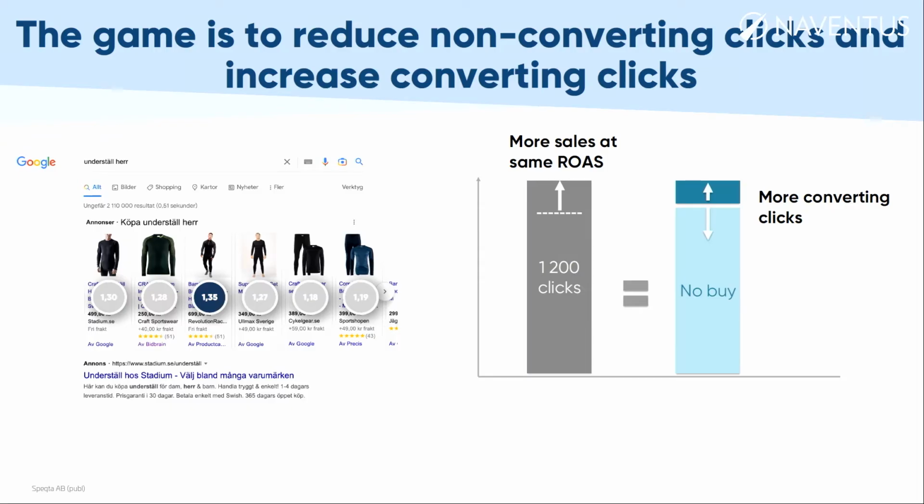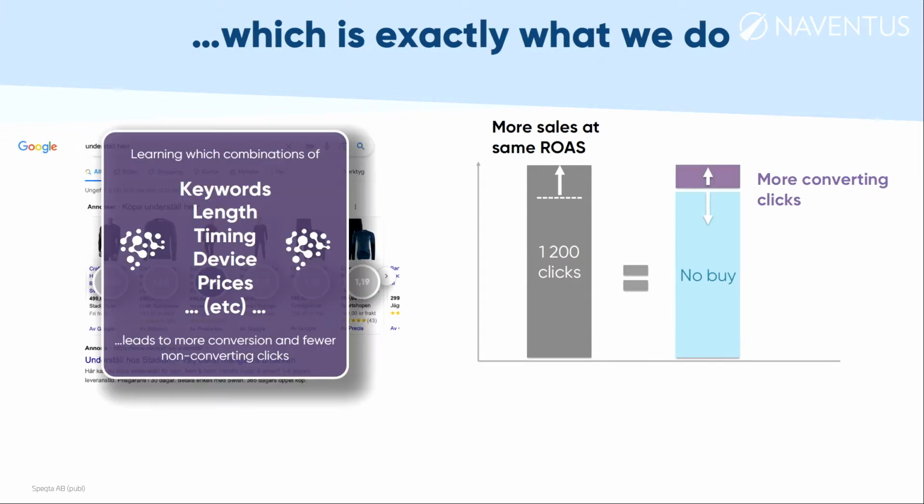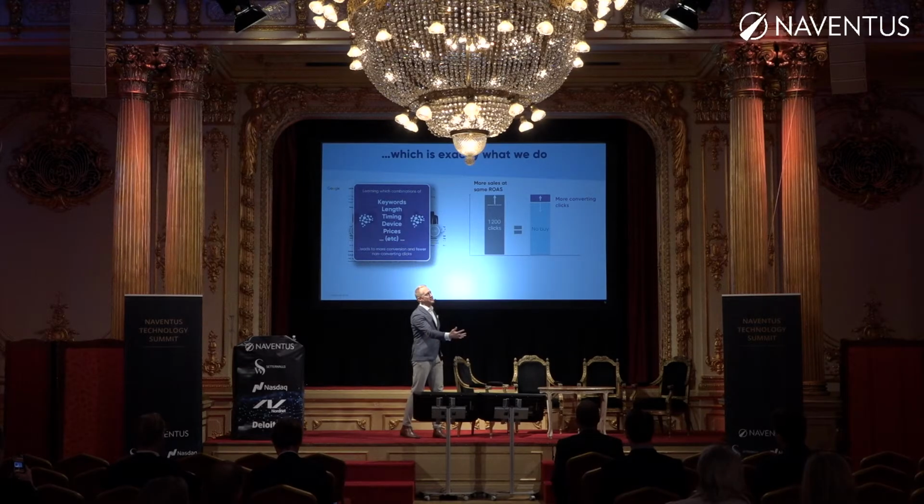So the game here is to reduce the number of non-converting clicks, but also increase the number of converting clicks. And when to bid high and when to bid low, right? That's the game. And there are so many variables at stake here. Which keywords, search words, are you searching for? At what time of the day? At what device? What are the prices of your goods versus the competitors? So many variables at stake.